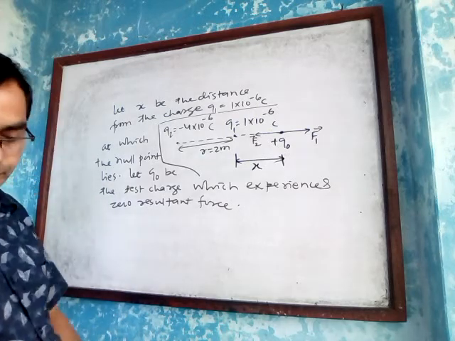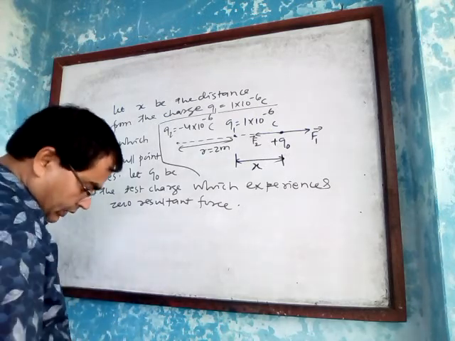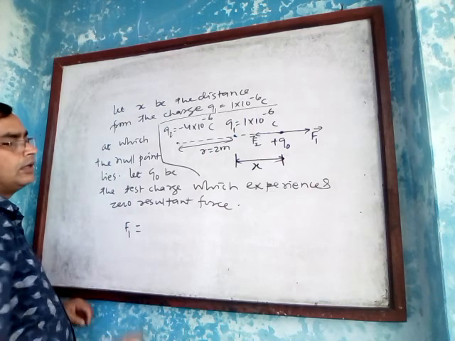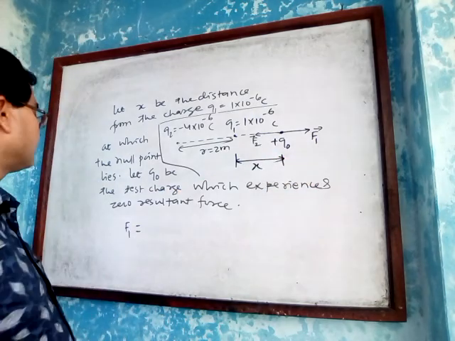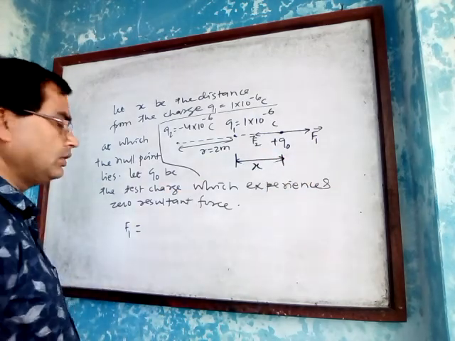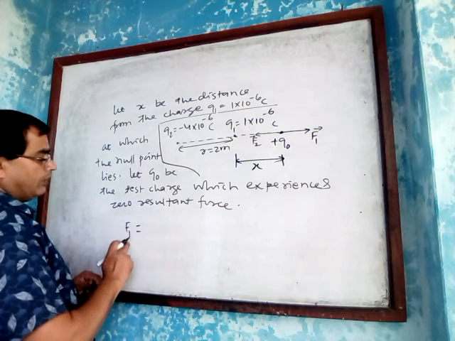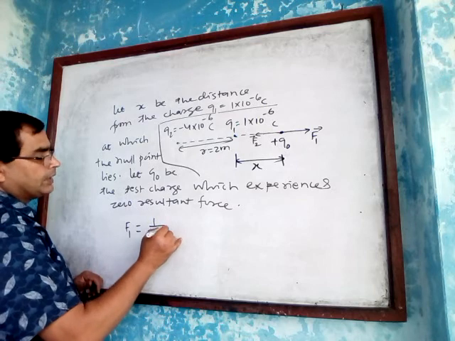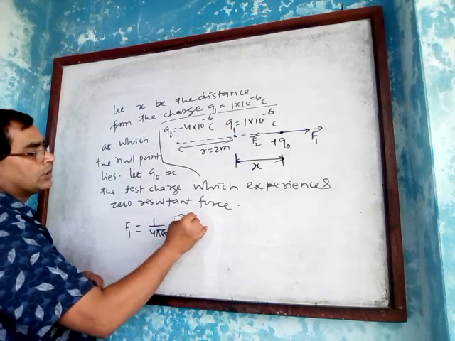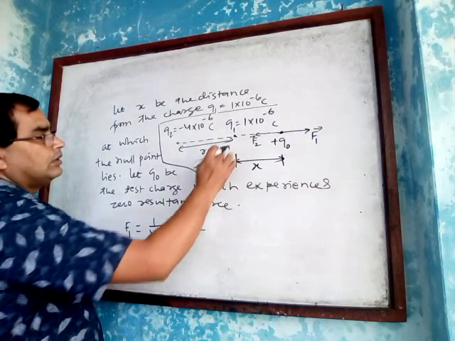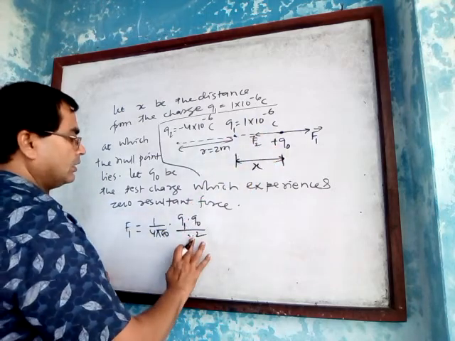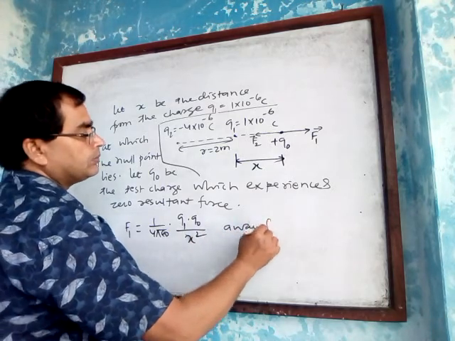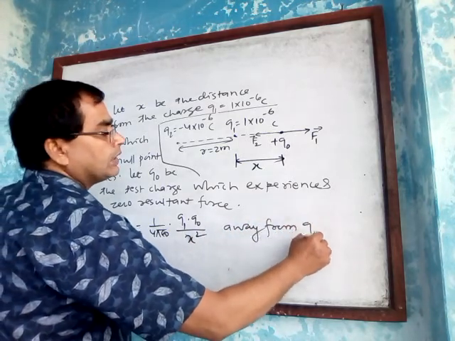And in magnitude we are going to find out F1. F1 equals 1 by 4 pi permittivity naught, Q1 into Q naught upon x square, away from Q1.